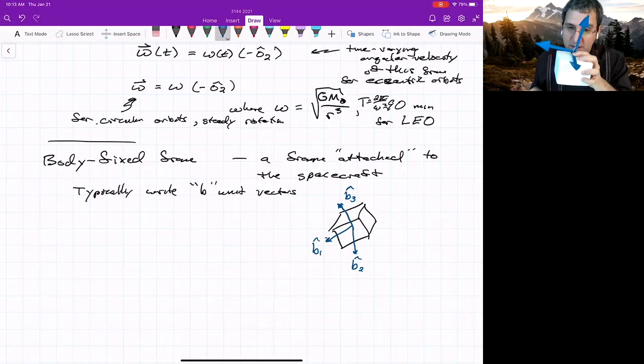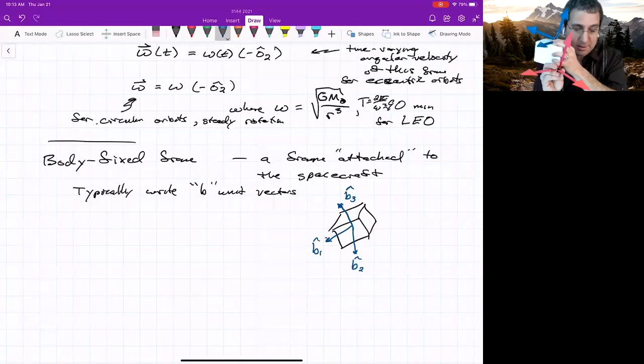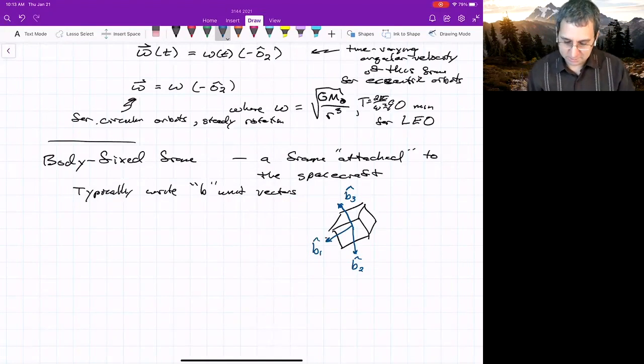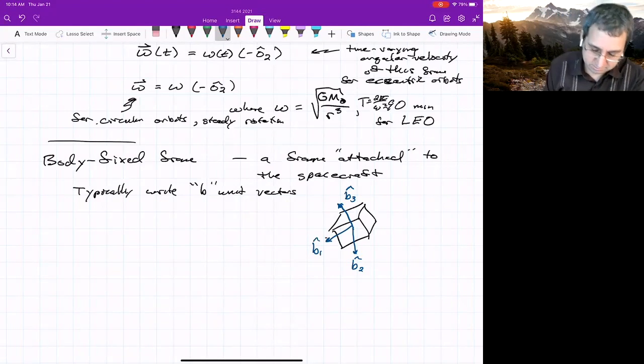But of course, this is not going to be exactly aligned with the orbital frame, because the orbital frame is rotating. Maybe I don't want this to rotate. Maybe I want to be pointing at something, some distant thing out in space, like the Hubble Space Telescope. Or maybe I do want to point at certain parts of the Earth.